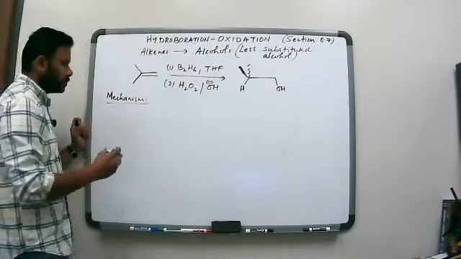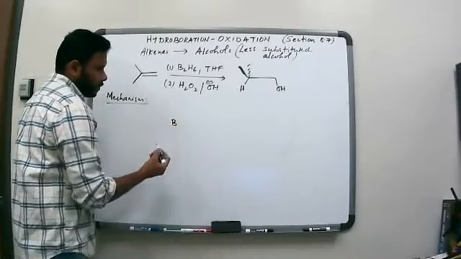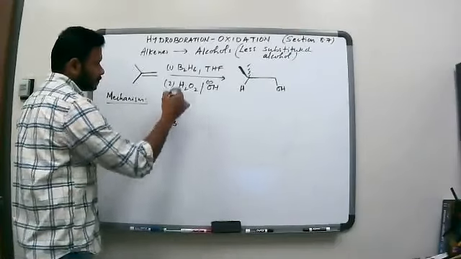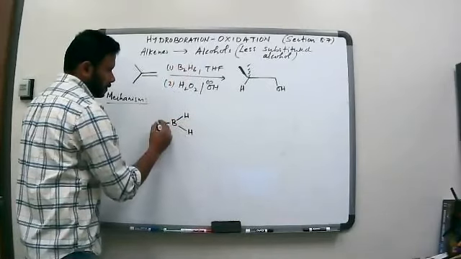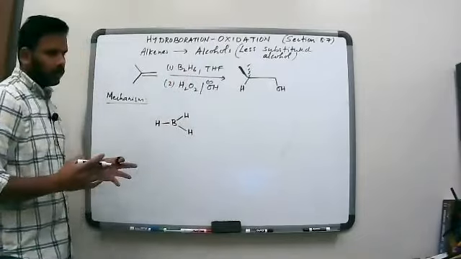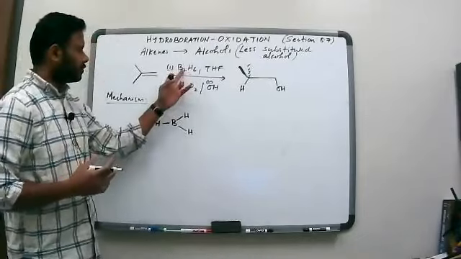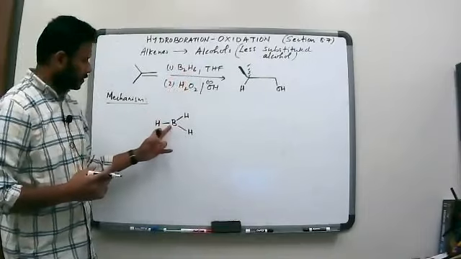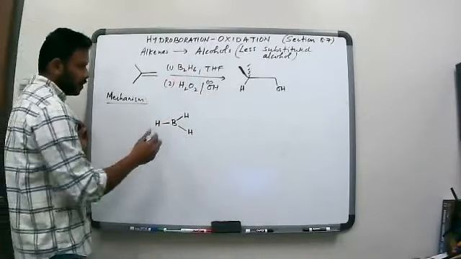So BH3, let's say, is the simplest unit of this reagent, because you have B2H6. This is BH3, which is half of that, so one boron with 3 hydrogens.